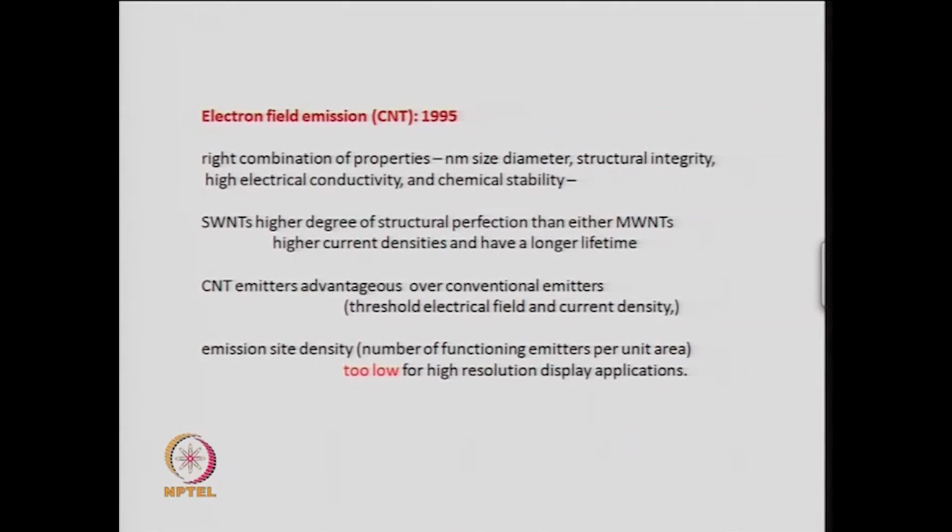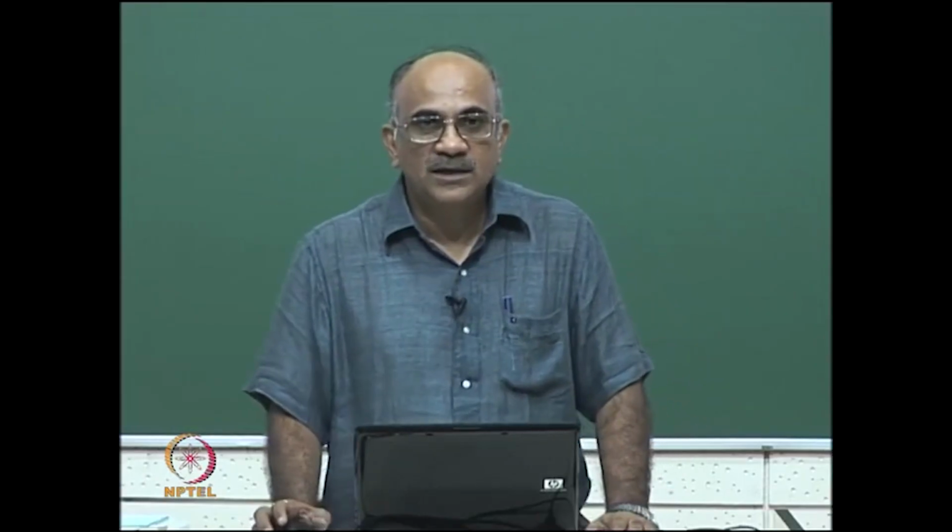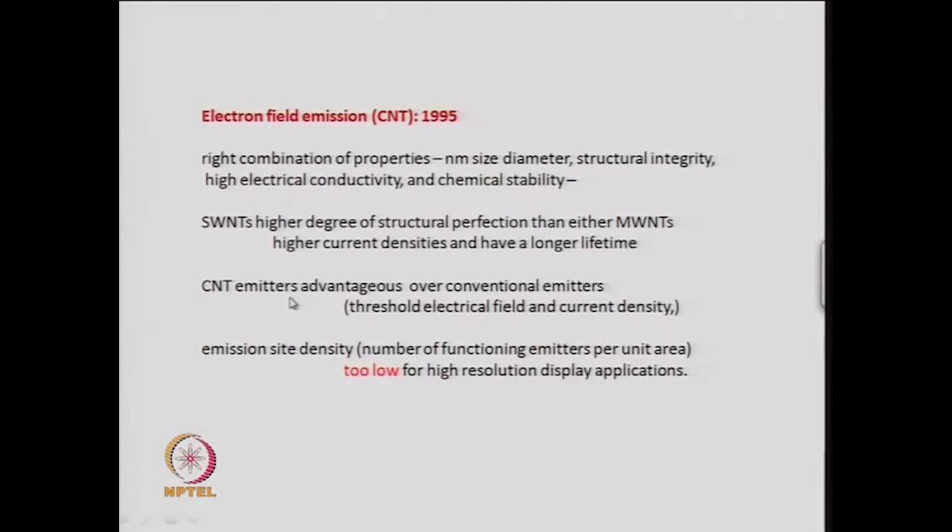For example, certain metals like tungsten are used as field emitters, then borides like hexaborides, lanthanum hexaboride or cerium hexaboride, have been used as field emitters, but carbon nanotube emitters have much more advantages over such conventional emitters, since they have a low threshold electric field and very high current density. So, these factors make them much better than what was being used earlier, like tungsten or lanthanum hexaboride.